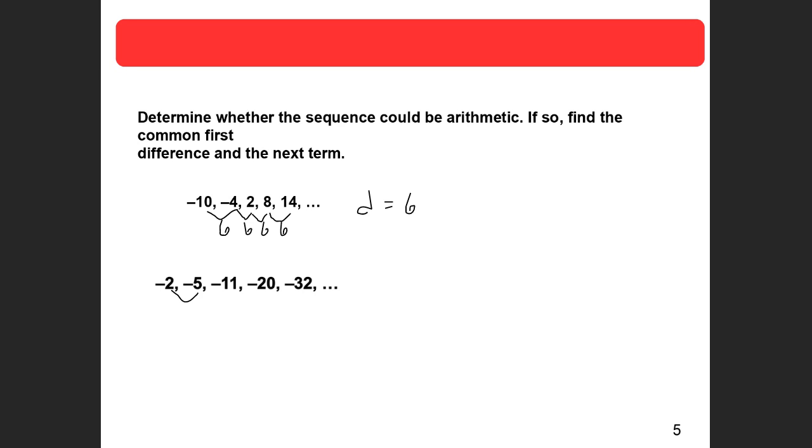Here I go from negative 2 to negative 5, negative 5 to negative 11, negative 11 to negative 20. That does not seem like it's going by the same thing. Negative 2 to negative 5, that's negative 3. Negative 5 to negative 11, that looks like negative 6. Negative 11 to negative 20, that looks like negative 9. This definitely is not an arithmetic sequence. And we won't be dealing with those tonight or this week.